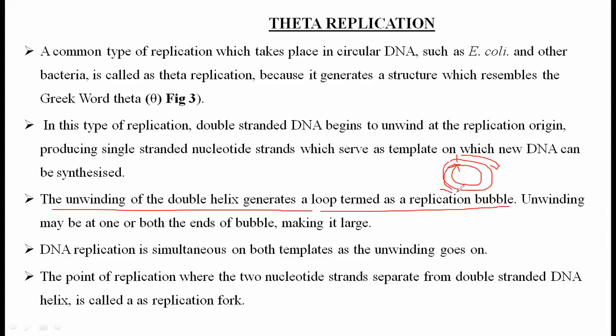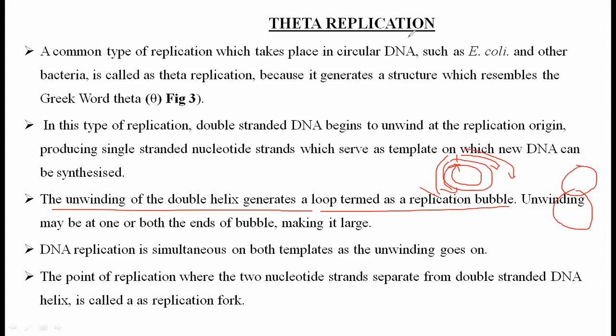I said 3' end and 5' end are opposite in direction. I have told you in the structure of nucleotides. And this goes 5' to 3' here, and this goes 5' to 3' here, 3' to 5' here. When both meet, they will form a fork-like structure, it will be like this, and this becomes theta.